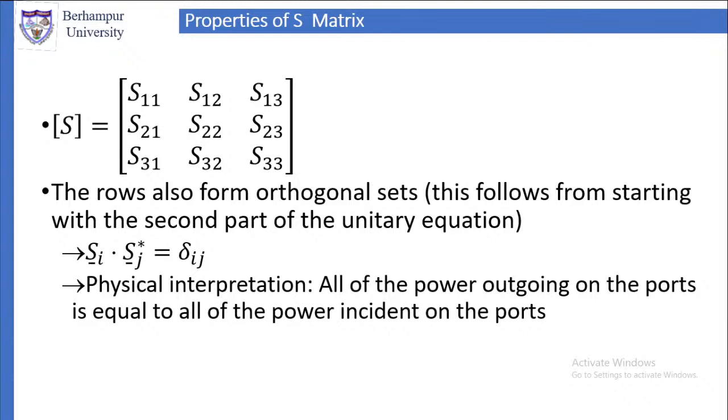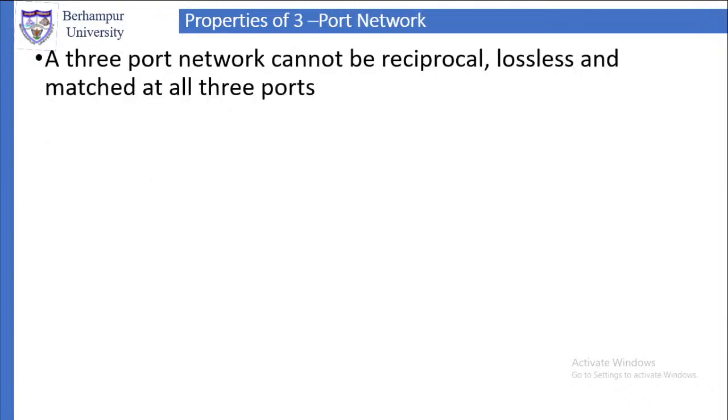The rows form an orthonormal set in this. Physical interpretation is that all the power outgoing on ports is equal to all the power incident on ports. So whatever is incoming will go out unless it is lossy. We are not assuming a lossy network. So unless it is lossy, power coming in will go out.